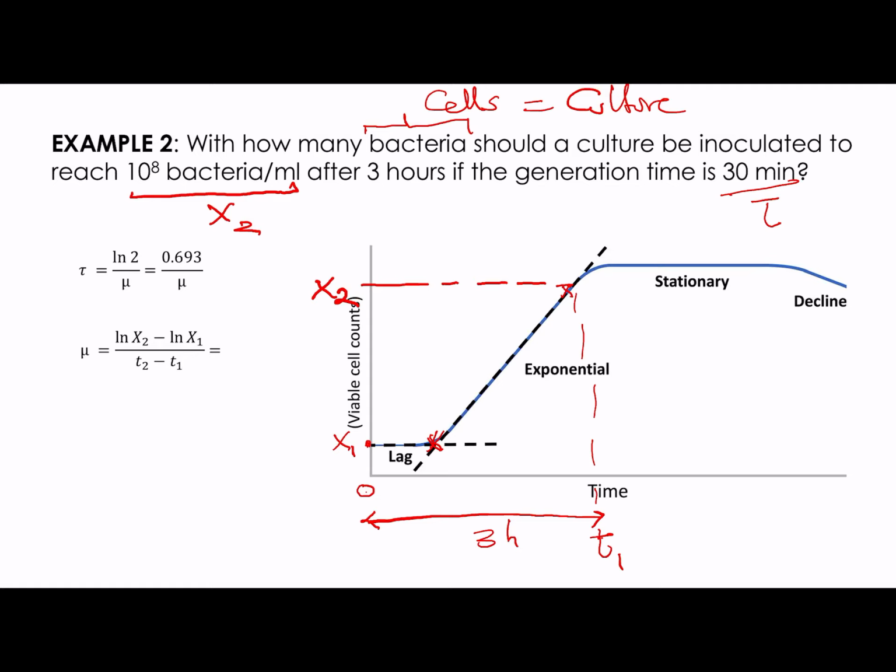I'm emphasizing this because you might have a question where they indicate the lag phase. If they indicate the lag phase and you're looking for what occurs during the generation, that means your calculation will be between this time and that time. But let's look at this question critically, and then I'll mention that other scenario as we move on.